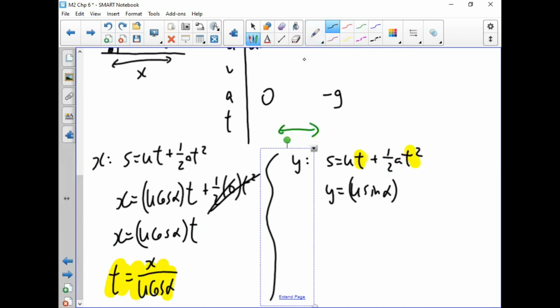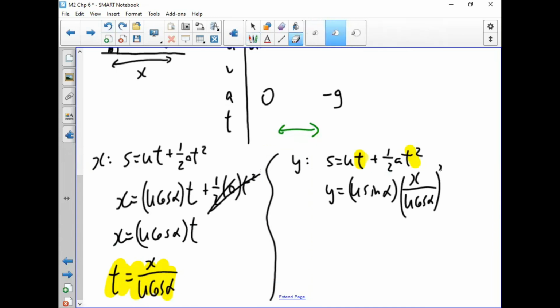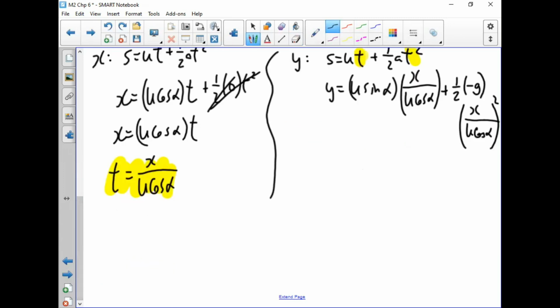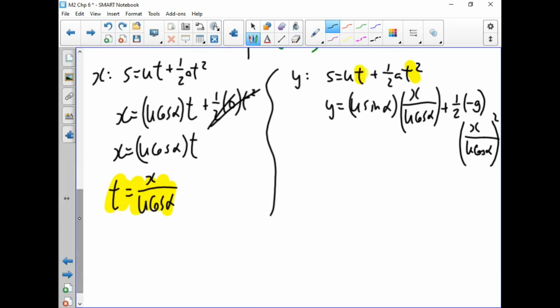So t is x over u cos alpha, not squared, not yet, plus a half times a negative g times t squared, x over u cos alpha squared. It looks really complicated, and it is quite complicated.